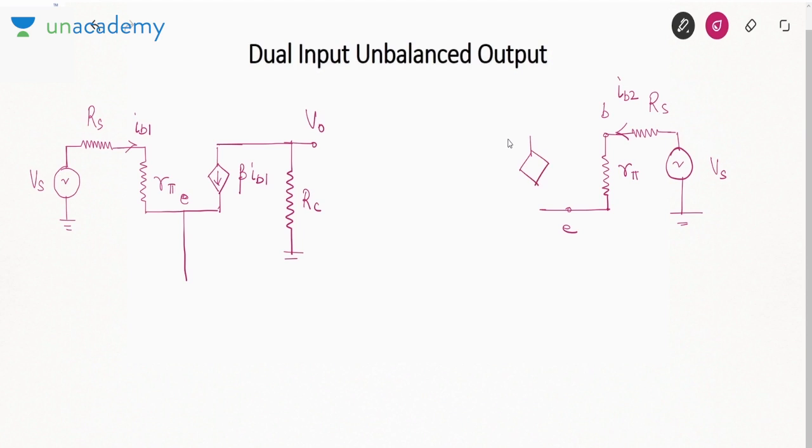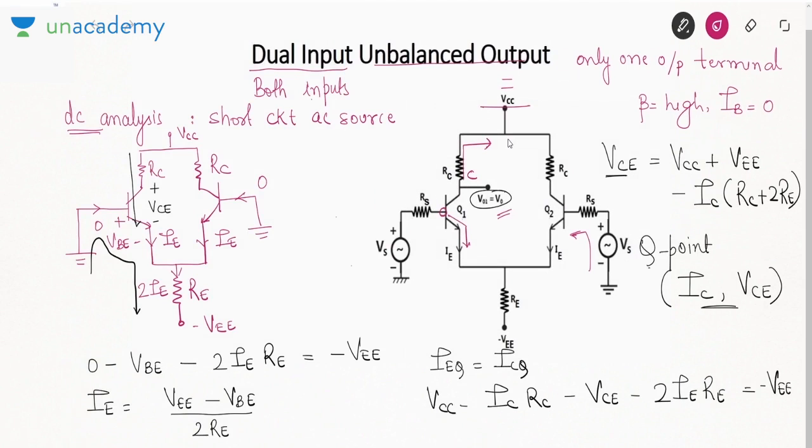Now between collector and emitter, we will have a current source beta IB2. Then similar to the first transistor, the collector terminal will be grounded by means of a resistance RC. But there is no output terminal from here. So RC will be connected between collector and ground.